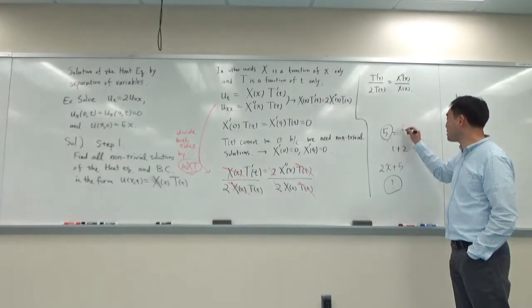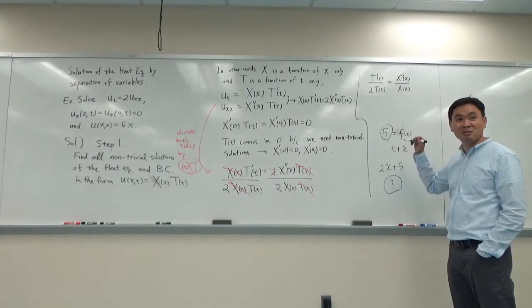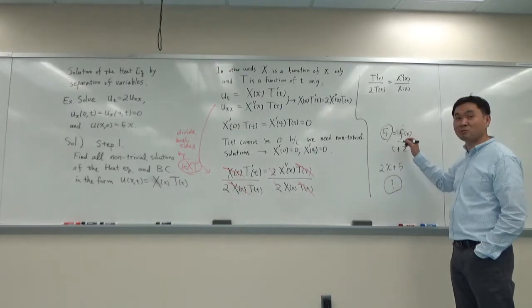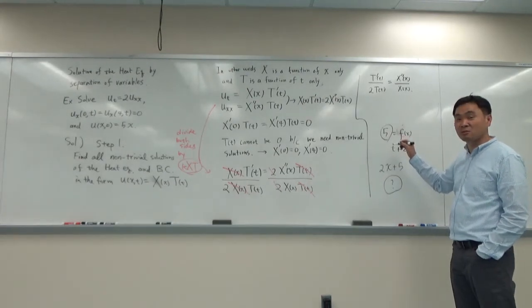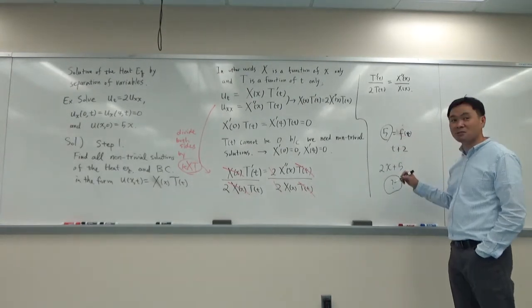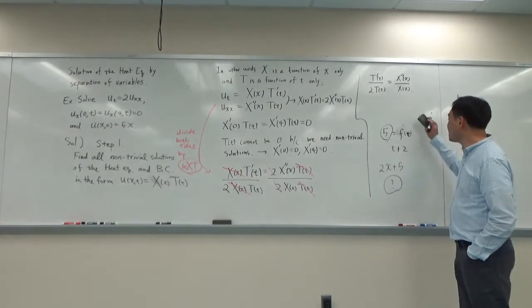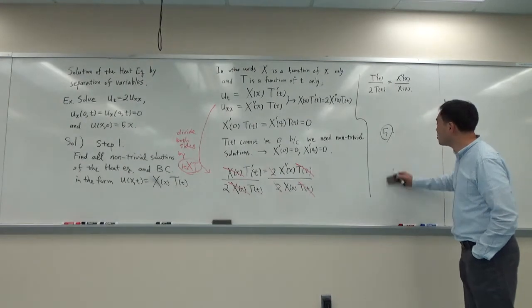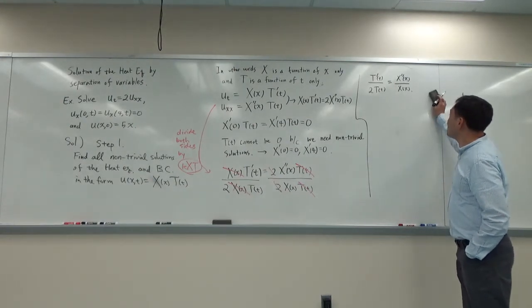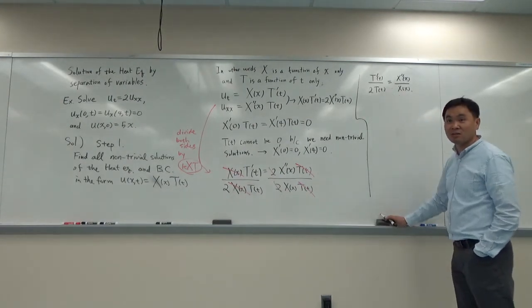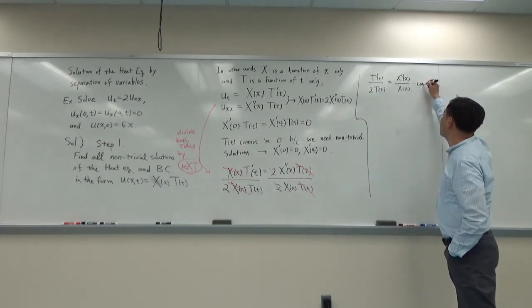You can just say this is f of x, no problem. Can you say this is a function of t? Yeah, no problem. And in fact, if you think further, you see that the only way that you can call something a function of x and a function of t is when it's equal to a constant.